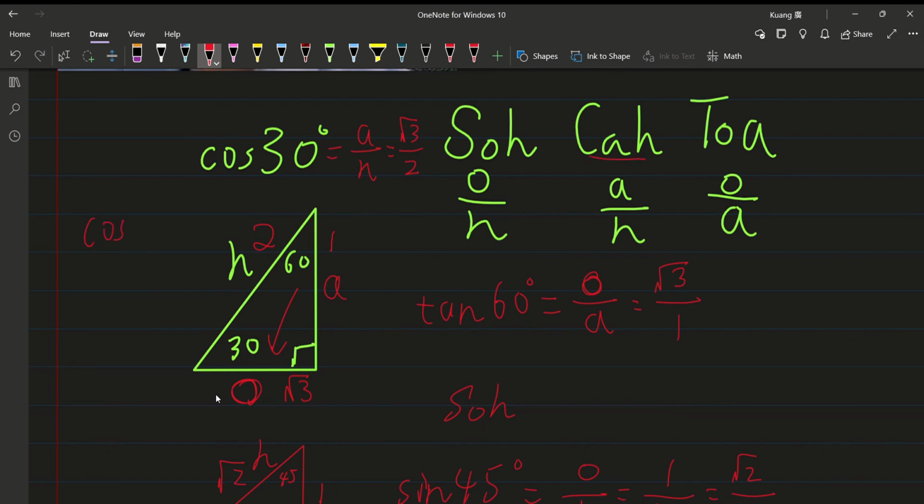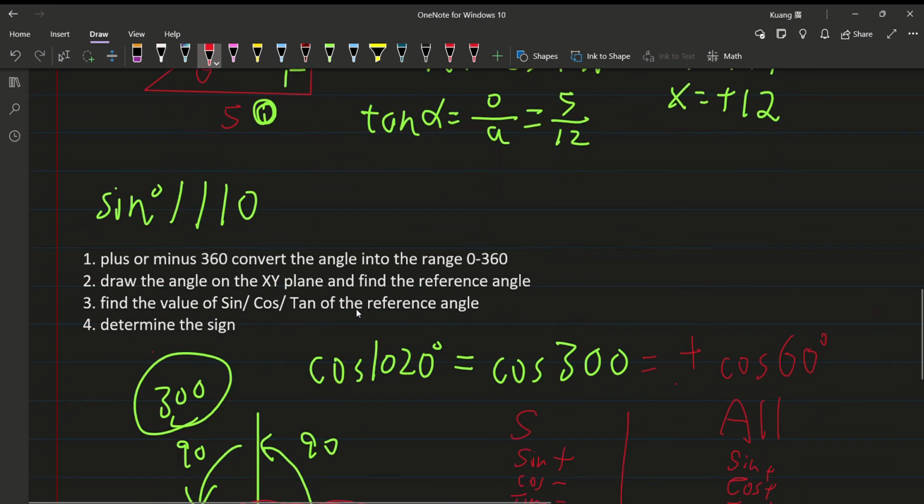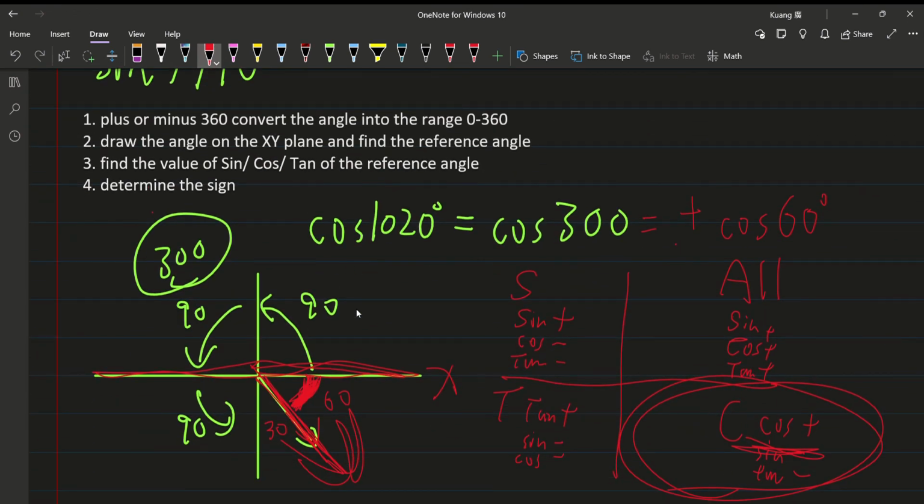Cosine is adjacent over hypotenuse. For 60, adjacent is this one. So that'll be 1 over 2. Okay, so that would be positive 1 over 2. That is cosine 60. That is also cosine 300. It's also cosine 1020 degrees.